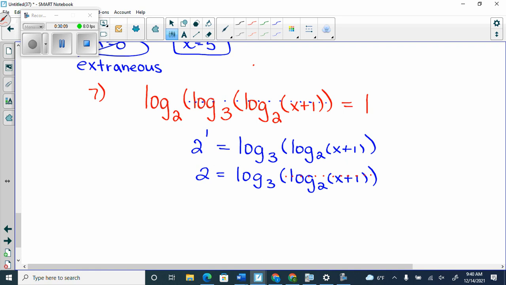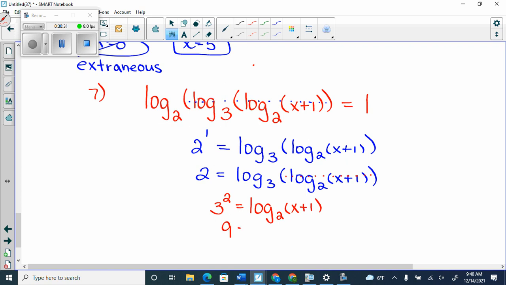How would I convert it? 3 to the 2 equals the dashed line. Do you see I'm working myself into the log? So it's 3 to the 2 equals log base 2 of x plus 1.